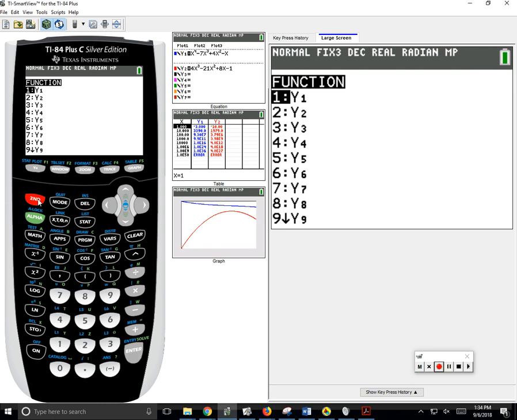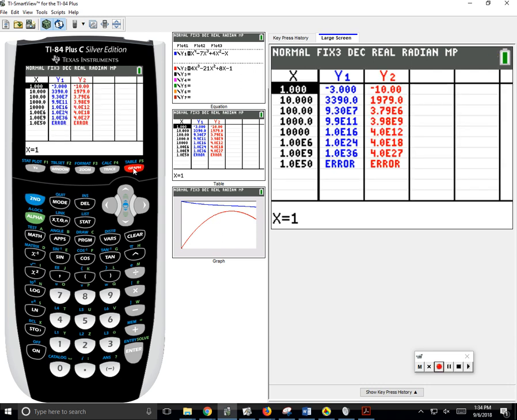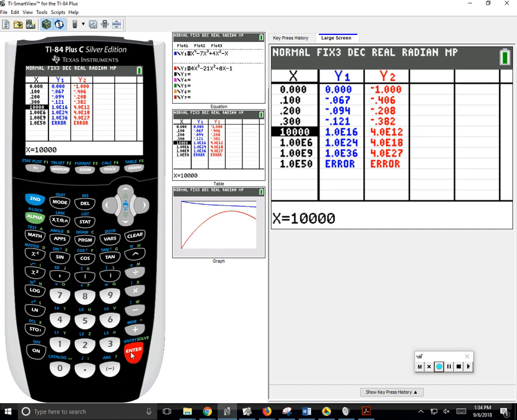On the table, it just has the x equals and then the value of the function at x. So here's x equals 0. Here's x equals 0.1. Here's x equals 0.2. Here's x equals 0.3. So here's the position function.